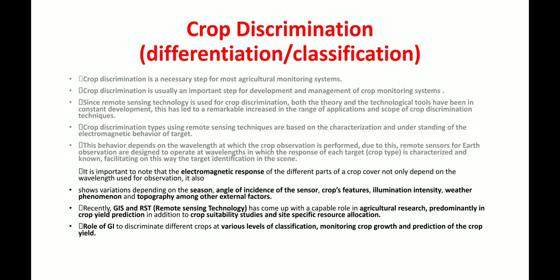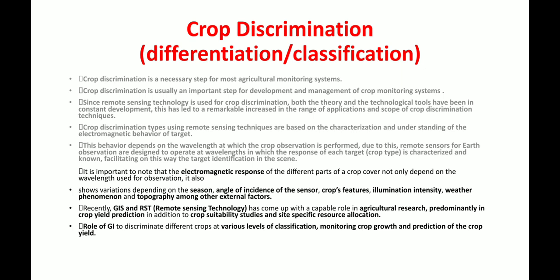Then crop features, the characteristics of these crops, include their different pigmentations, growth, or different phenological phases. Illumination intensity is the intensity of radiation absorbed by the plants, and then weather phenomena. These are the extreme points to be considered while discriminating crops with the help of remote sensing technologies.